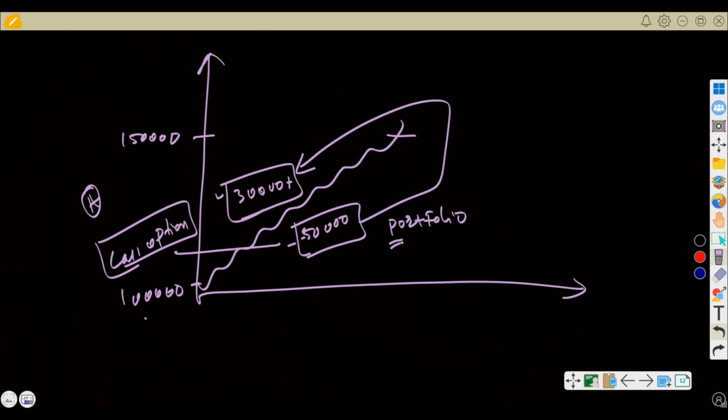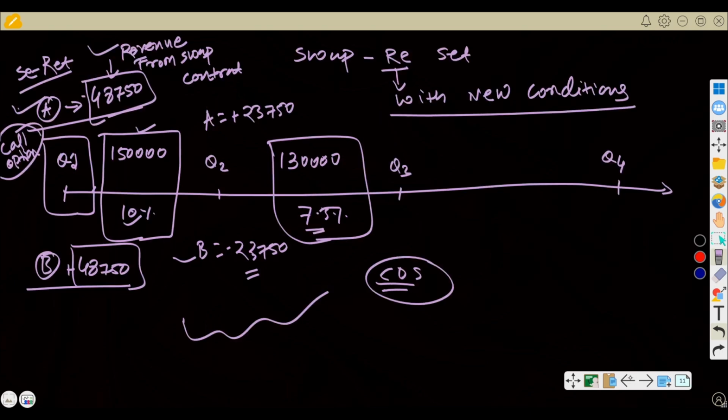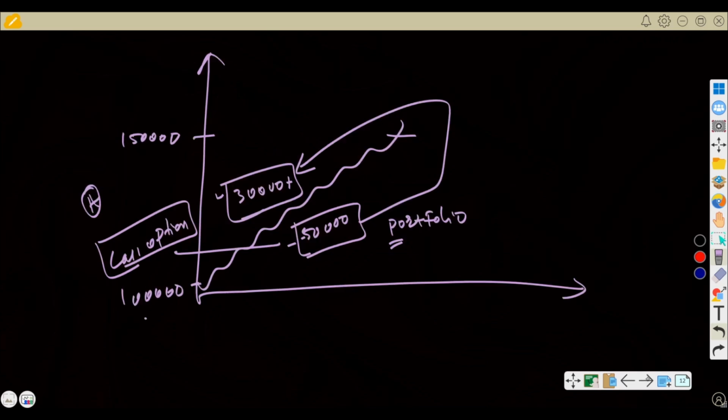See the first example, the total loss was 48,750. If we assume the same counterpart entered into a call option immediately to protect the portfolio, then you would see a 30,000 profit generated from the call option and a 50,000 loss incurred through the swaps agreement. So he mitigated around 30,000 from the call option.